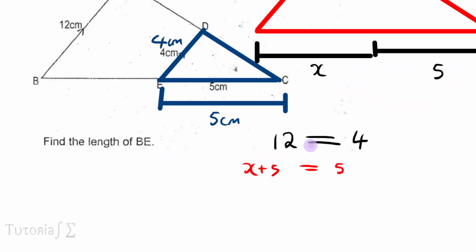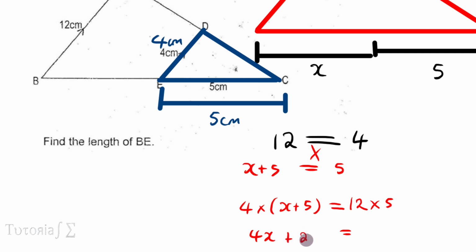Then here you just cross multiply, so it will be 4 times, we open the bracket, x plus 5 is equal to 5 times 12. So this will give us 4 times x, that will be 4x. 4 times 5, that will be 20.